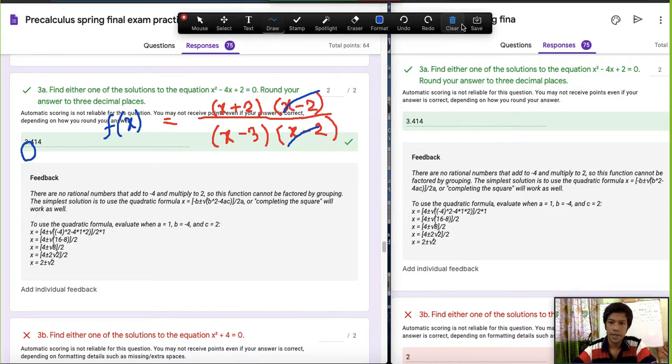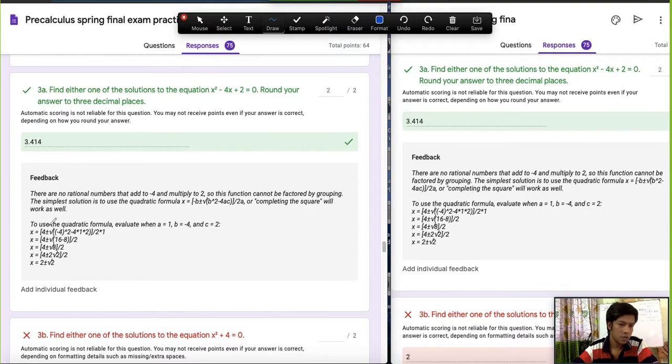You will notice that one solution is asked for. There is a formula for quadratic: minus b plus minus the square root of b square minus 4c, divided by twice a. You can use this formula to find the answer here, because the middle term method is not possible. If you try, you will see it is not possible. So in this formula we put the a, b, c values. The formula is also written here.